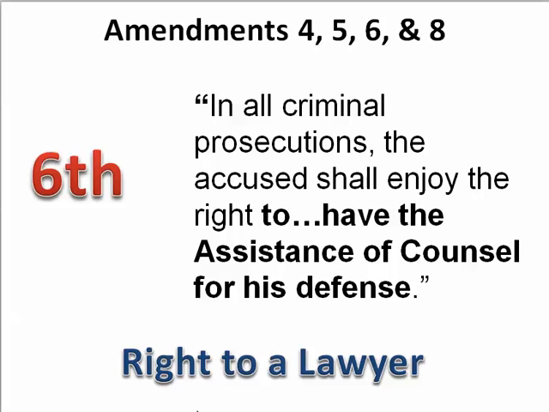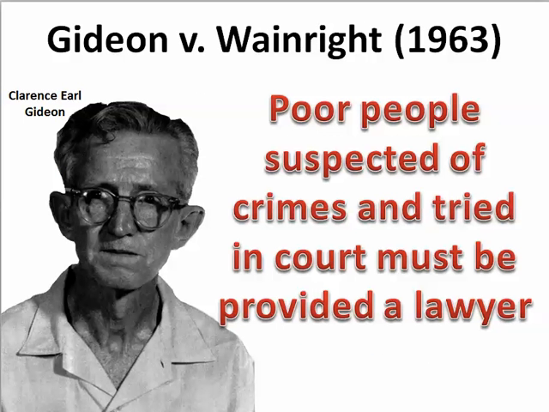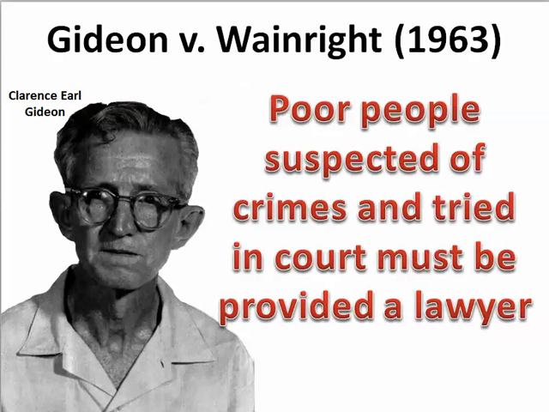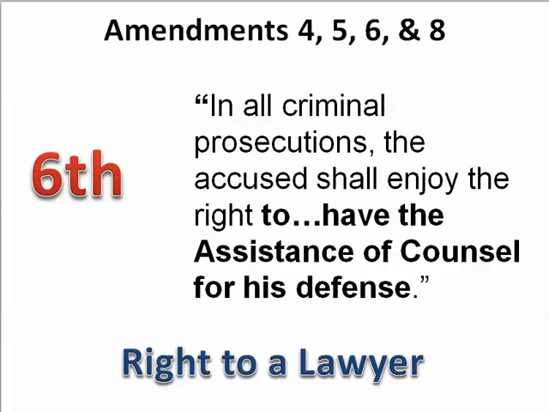And since the state of Florida did not give a lawyer to Clarence Earl Gideon, then they violated his civil liberties. And remember that we said civil liberties come from the first 10 amendments. So this civil liberty in question here with Gideon versus Wainwright was a Sixth Amendment violation, an individual rights violation, to have a lawyer, and he was not given one.